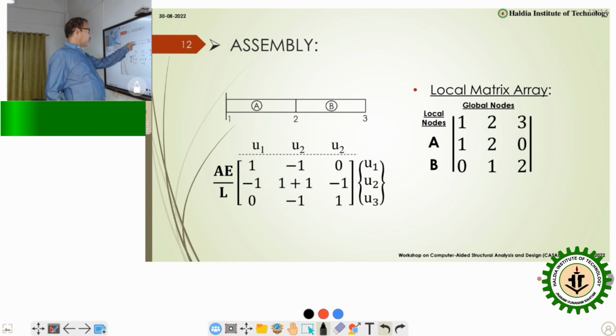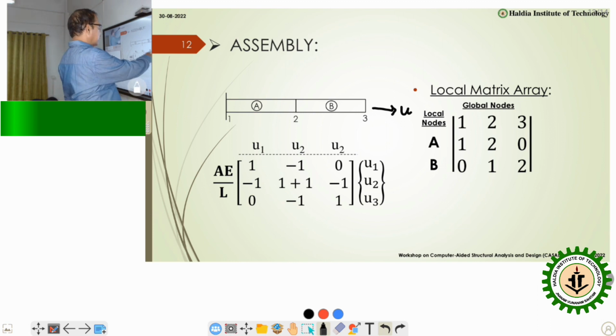So here is the first degree of freedom, then second, then third, and the direction is U. Let's go to member number 1, or member A. Its first and second degrees of freedom coincide with the first and second degrees of freedom of the entire structure.